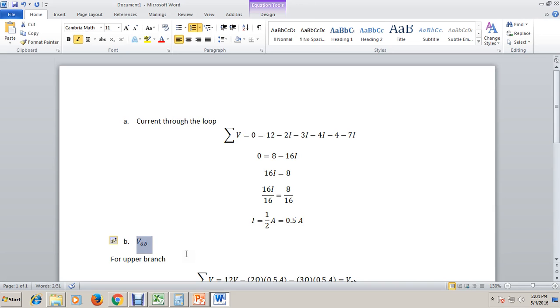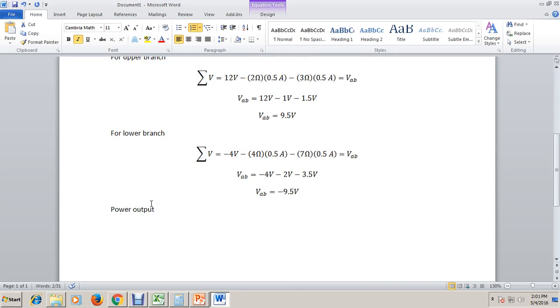Okay, so for letter C, the power output of each EMF.